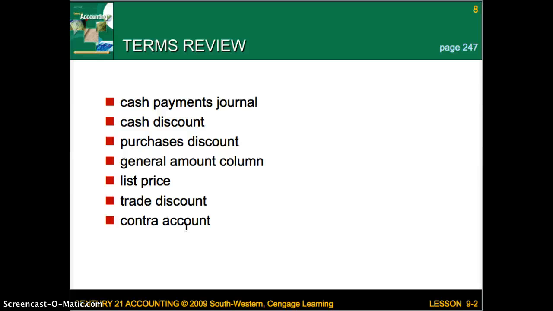Purchases discount is a contra account to purchases and is included in the cost of merchandise division in the general ledger. So it reduces the amount of that purchases account. Okay, so a contra account, let's read it again, is an account that reduces the related account on a financial statement. Again, if you do not understand this chapter, please go back and reread before you move on.